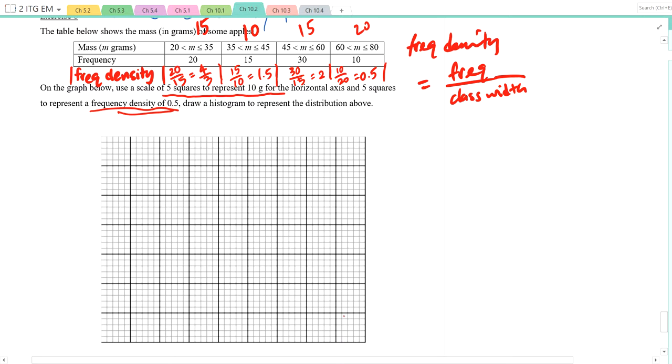Okay, density. Okay, so use your ruler. This will be our mass in grams. Vertical axis. This is our frequency density.